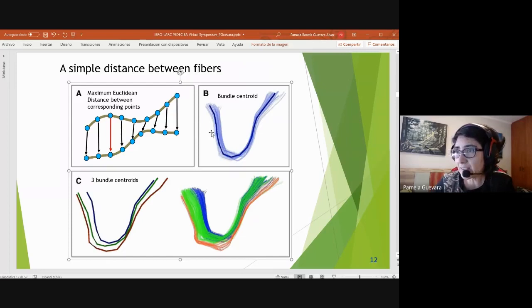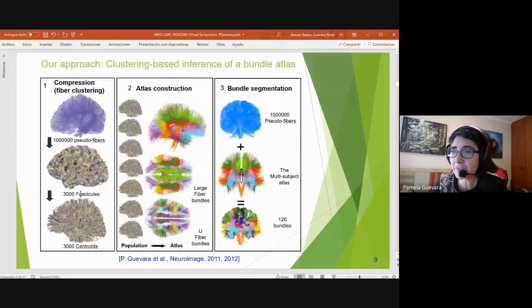So this reduction has made the analysis available for a database. Because if you have 1 million fibers and you want to analyze 1 million fibers per, I don't know, 100 subjects, it is too much information. So the centroids allow us to reduce the information and then apply our other analysis to a database of, for example, 100 subjects.